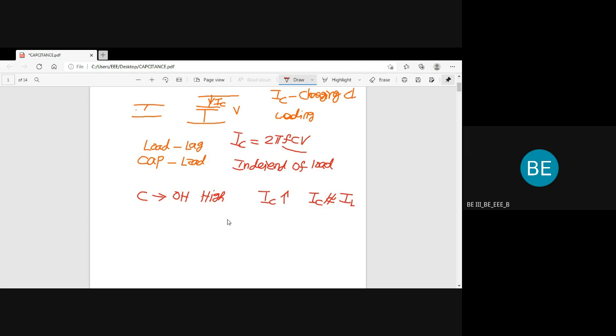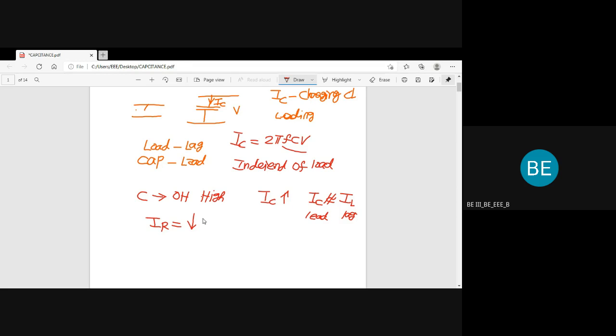Because of this cancellation, the resultant current flowing in the transmission line gets reduced. Because the capacitive current is leading and the inductive current is lagging, both cancel each other, so the total resultant current will be very much less.